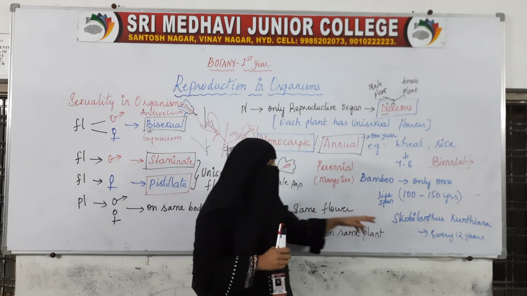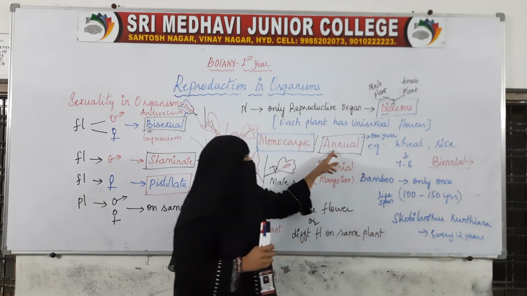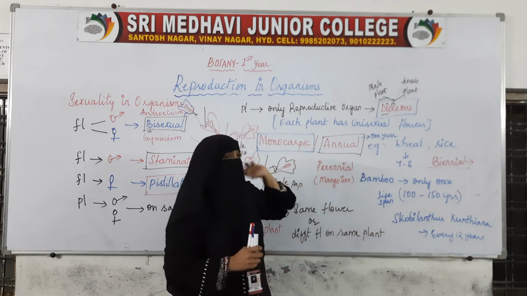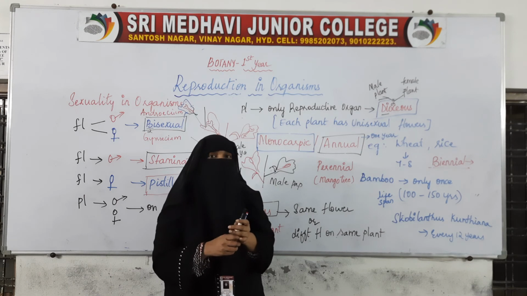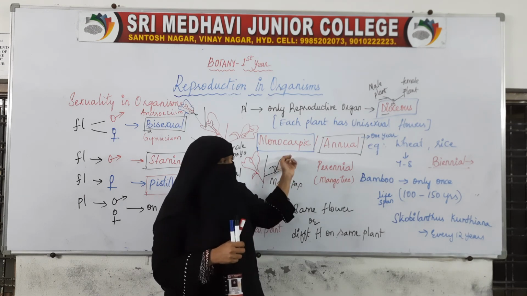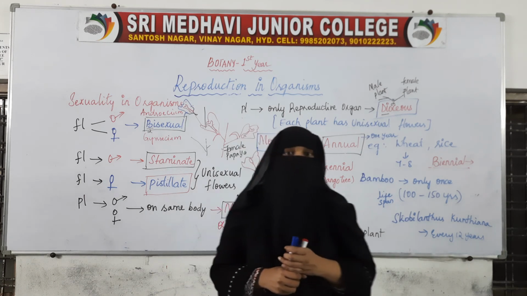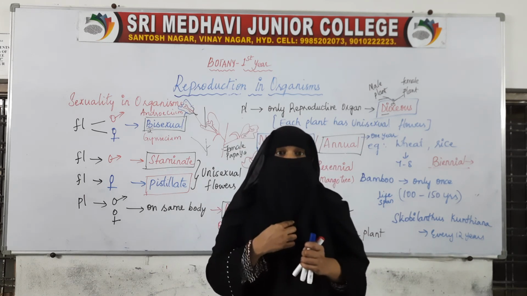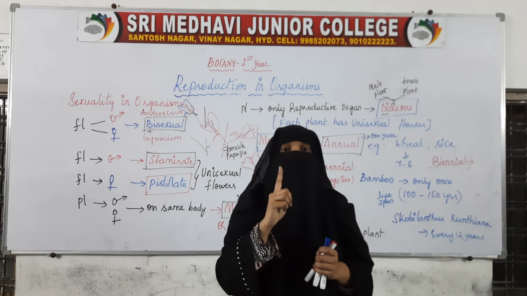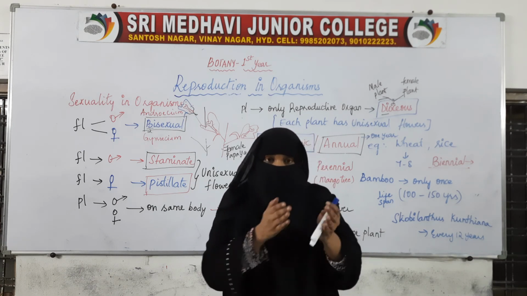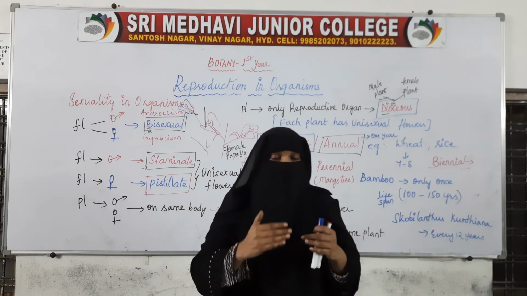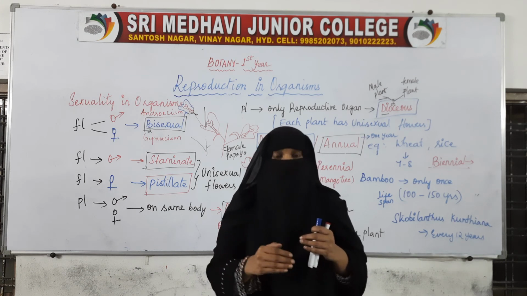But coming to one important thing, we said monocarpic plants produce flowers only once. A plant mentioned in your book, Strobilanthes kunthiana, flowers once in 12 years. Now it has produced flowers, and next year it won't.